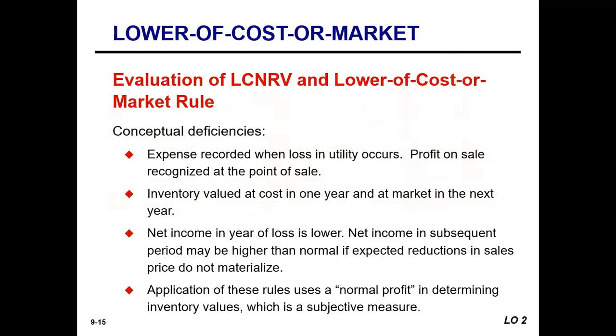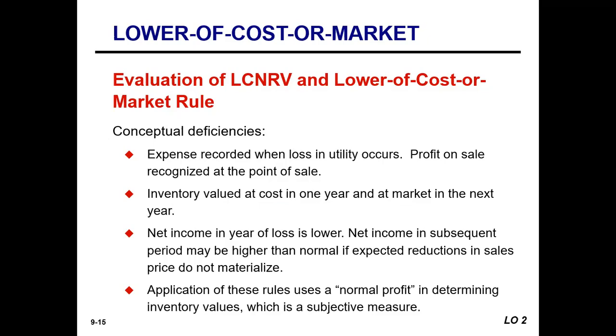The first one that your book talks about: the expense is recorded when loss in the utility, or loss in the value of inventory, occurs. Profit on the sale is not recognized until the actual sale. So those are not recorded necessarily in the same period, right?